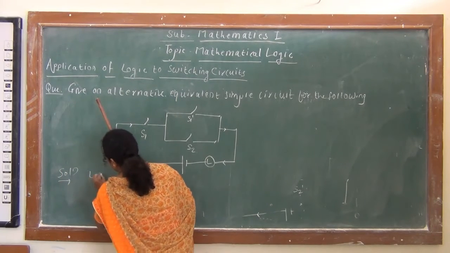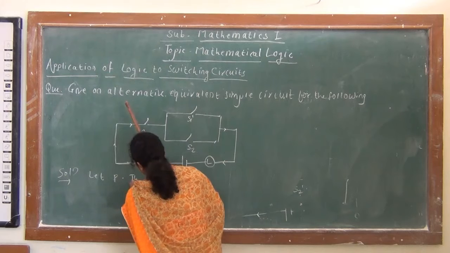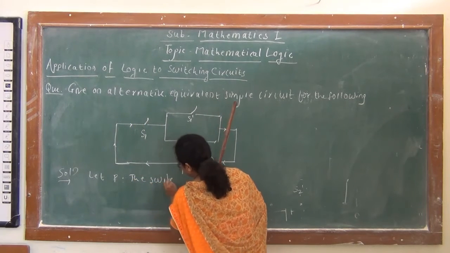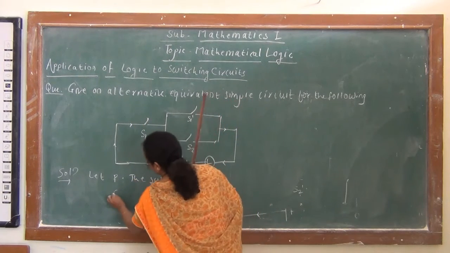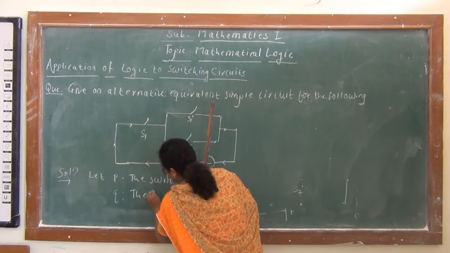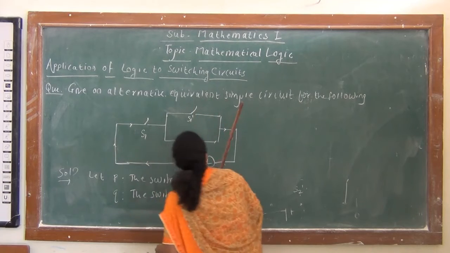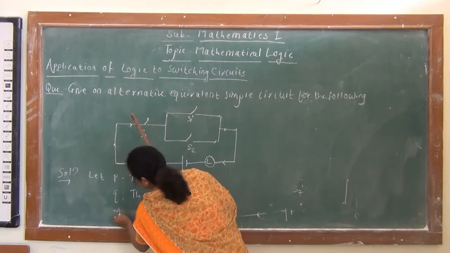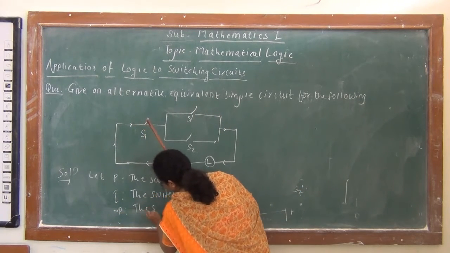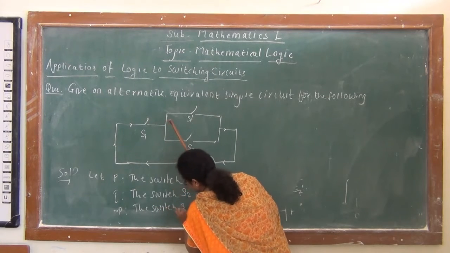So first, let P be the switch S1, then Q the switch S2, then for S1 dash, negation P, the switch S1 dash.